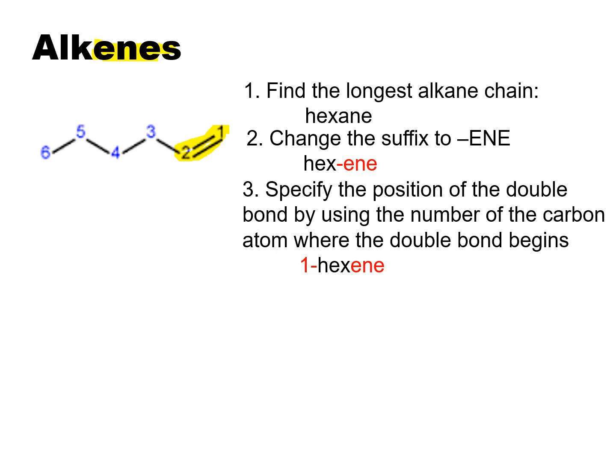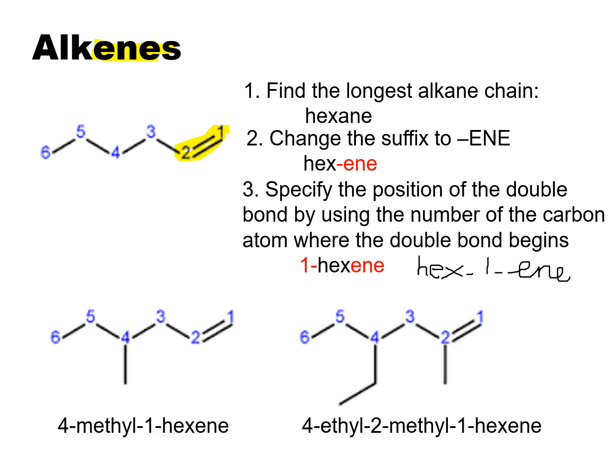Sometimes you may find, let me get the black, a different order, hex-1-ene. Doesn't really matter. It's a multiple choice, so you don't have to write anything really. In this case, you have a double bond and a branch, right? So here you see that if you would have started from here, so let's write it here.